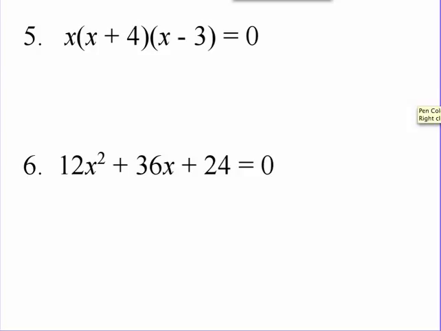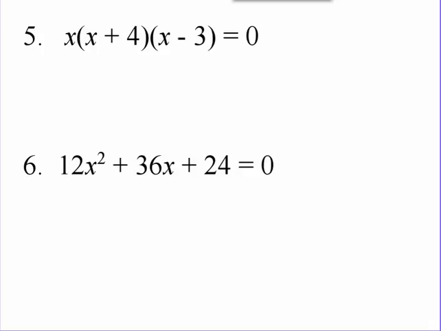What do you think you should do on number 5? Distribute the x. Nope, I'll do that. Why don't you distribute the x? Because it was already simplified down. It's already in factored form.